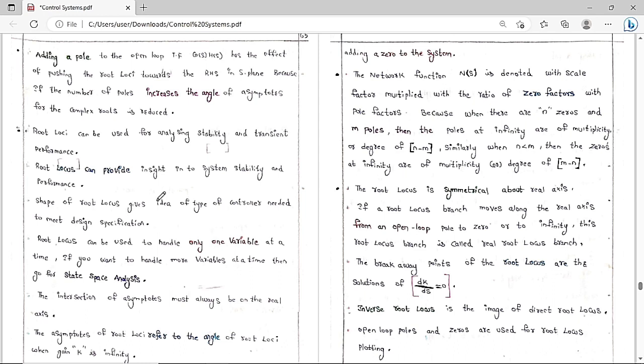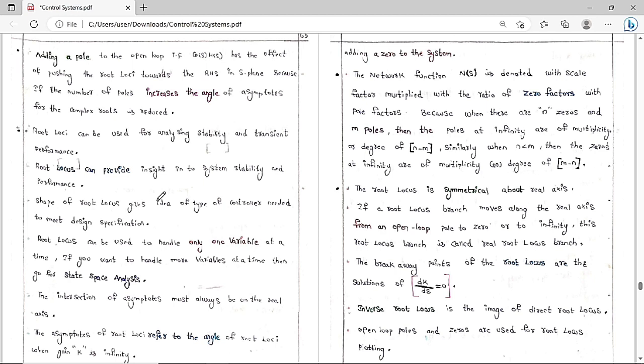Therefore, we can say the stability of the system can be improved by two methods, either by decreasing the gain of the system or by adding zeros to the system.